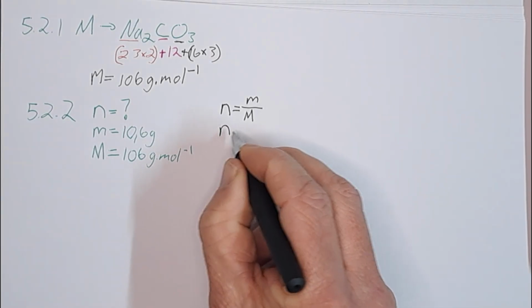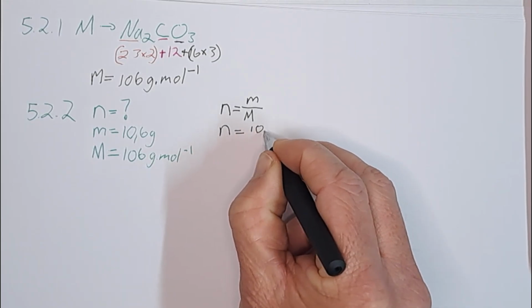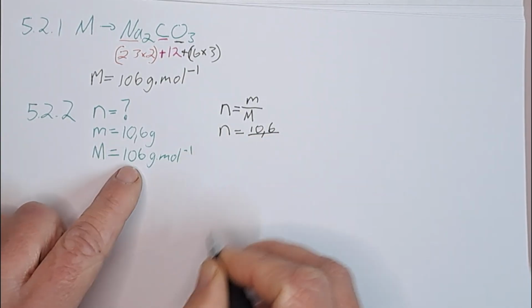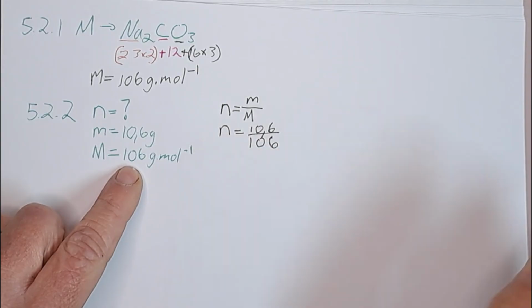So mole is what they ask, and it's gonna be 10,6 over the molar mass that we've calculated, 106.